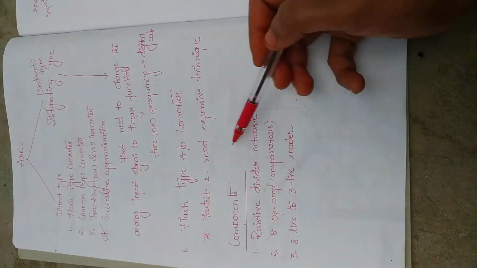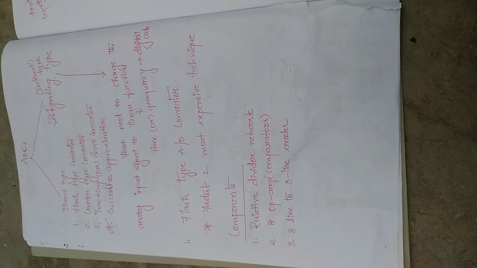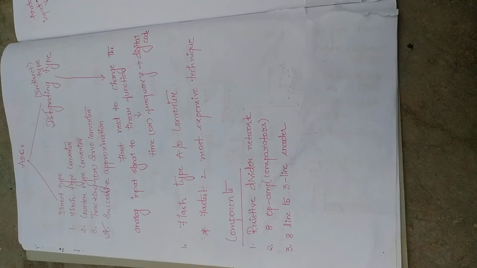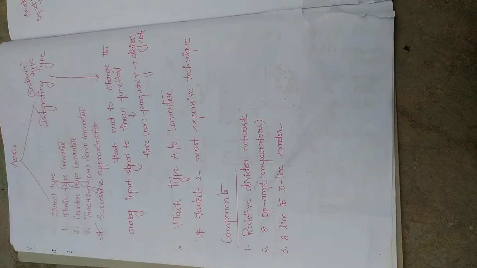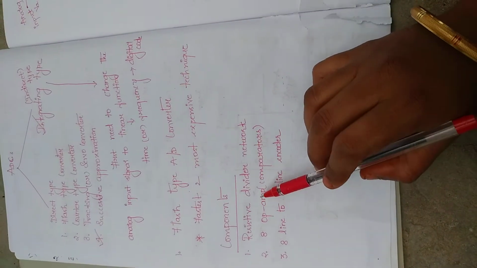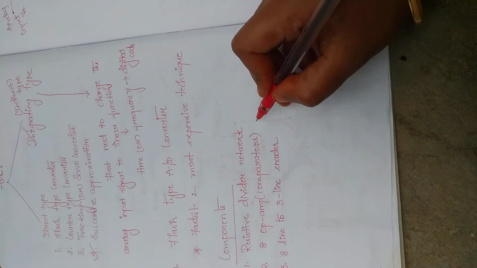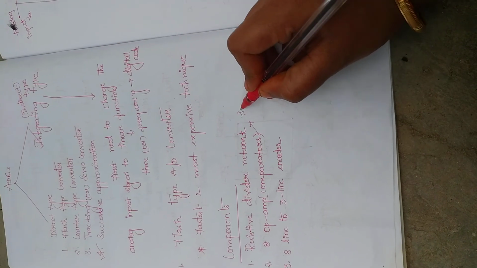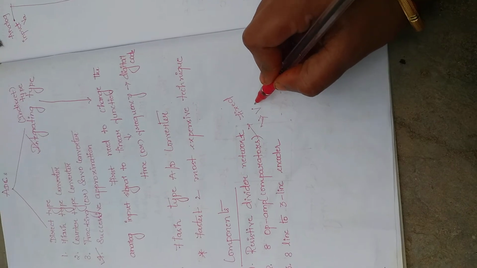What are the components of the A to D converter? Simple. You are going to have the op-amp, resistors, and along with that the encoder. The type of op-amp we use is the comparator. So what is a comparator? You will have one fixed input and another variable input.